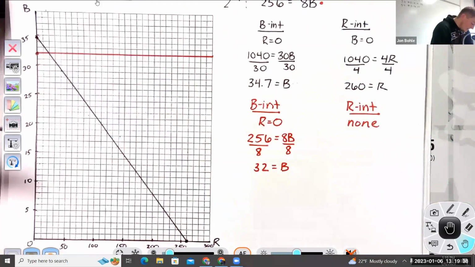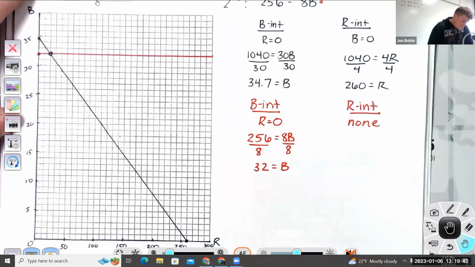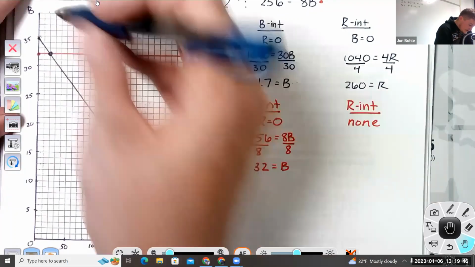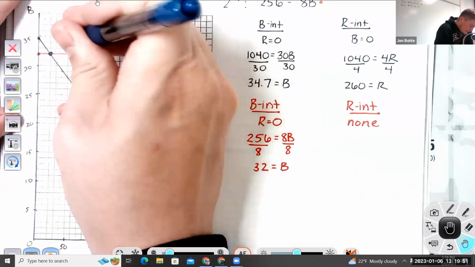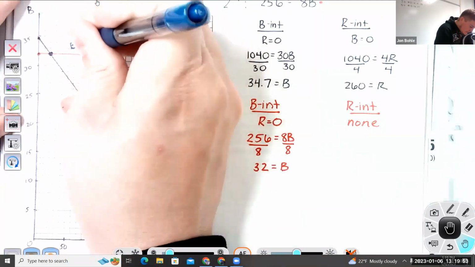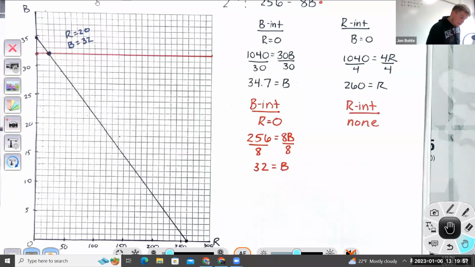Okay, and then I have to find the intersecting point, which is right here. So it looks like 10, 20. So it means R here is 20. And B here is 32. So how much does a roll cost?